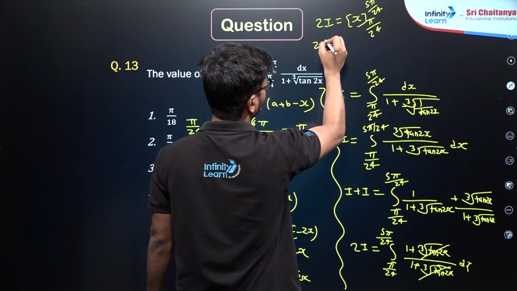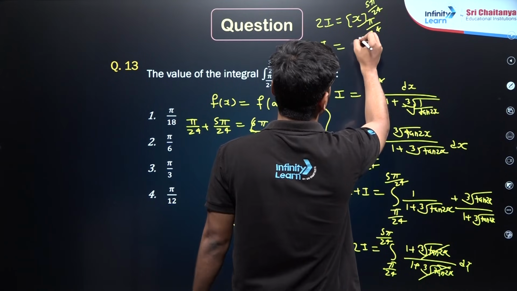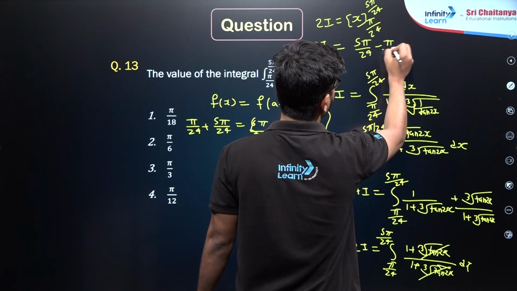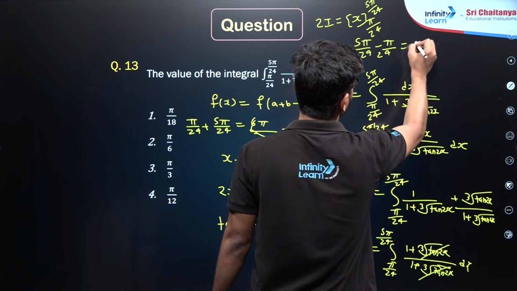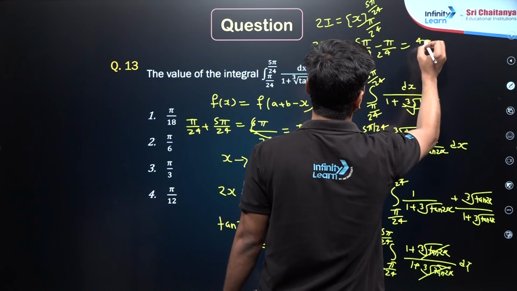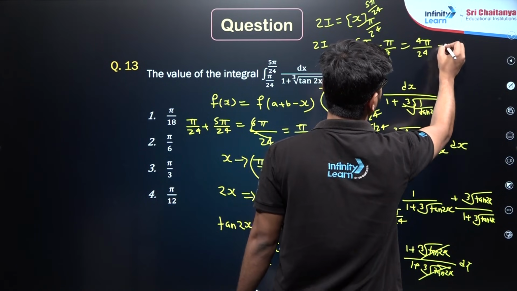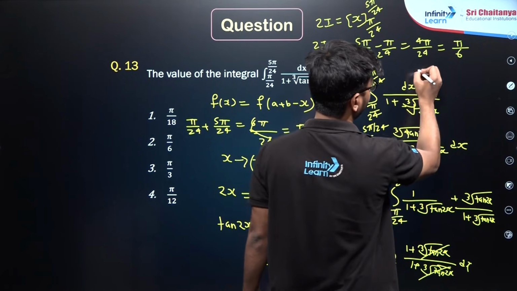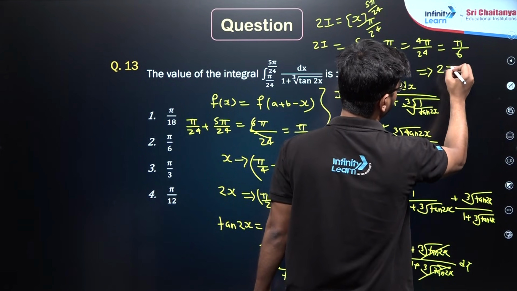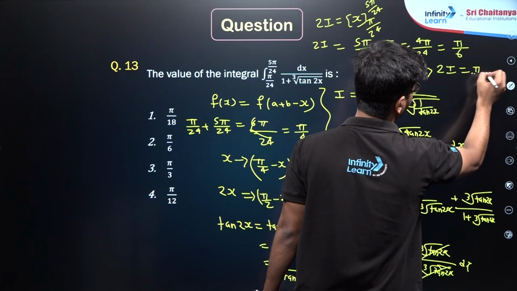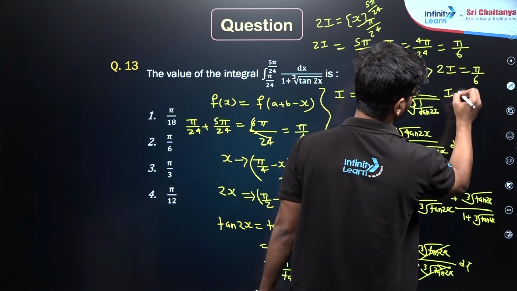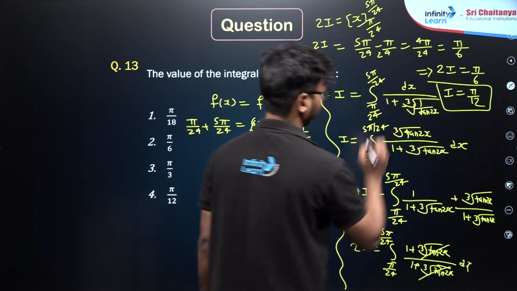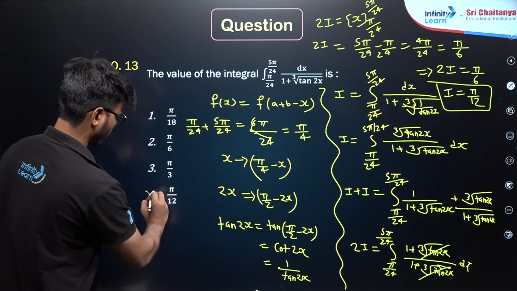So I am going to have 2I equals to 5 pi by 24 minus pi by 24, 4 pi by 24, that is nothing but pi by 6. So lastly we are getting 2 times of I equals to pi by 6. So I am going to get pi by 12 as the value of I. So the answer is 4.